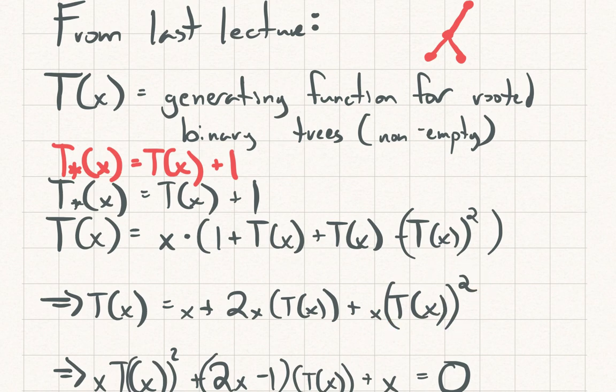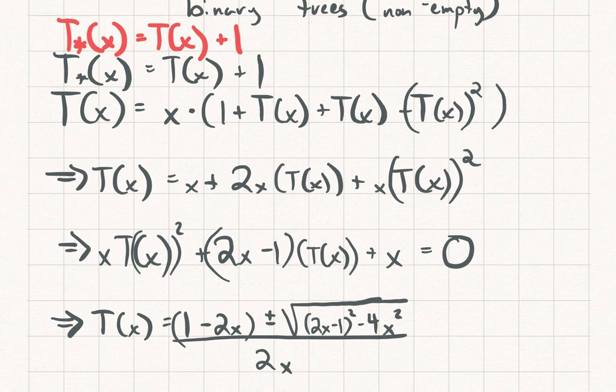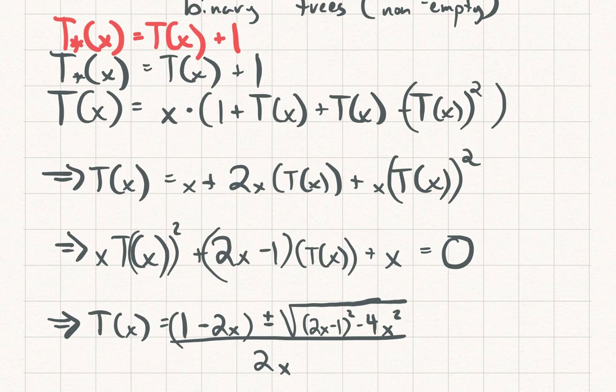And now we're just going to move everything over to one side. So we're just solving for the right-hand side, even though I wrote it on the left-hand side here. So the only thing that comes over is that t of x. So instead of having 2x t of x's, we have 2x minus 1 t of x's.